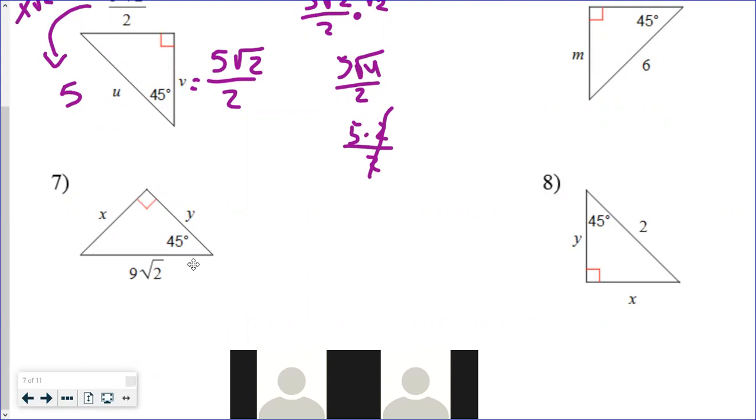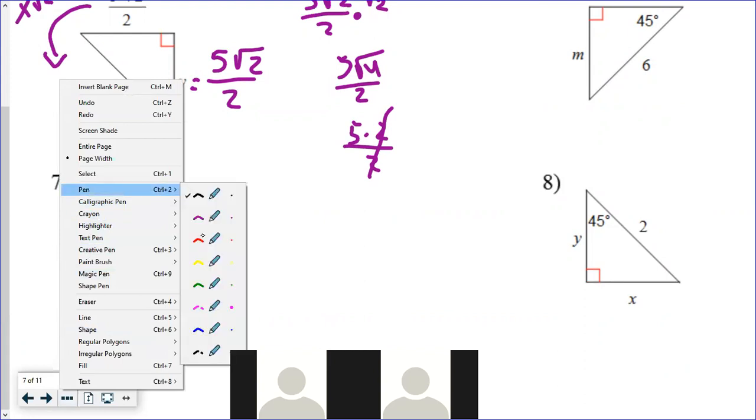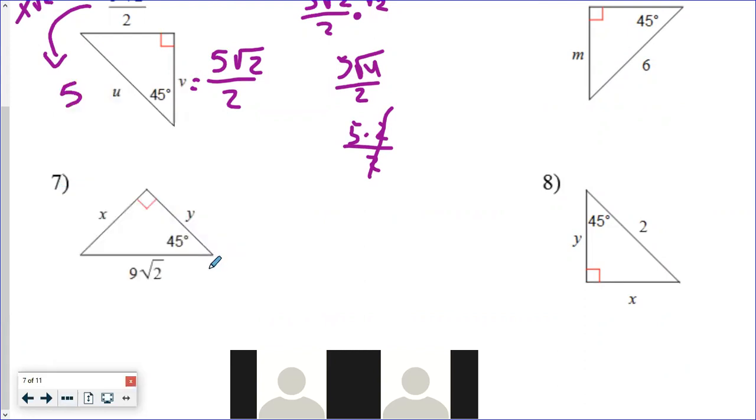So how do we work backwards? If I'm trying to get from the hypotenuse to the leg, what do we do? You divide it. I'm kind of confused, but I think you divide it. There you go. Divide it by what? Square root of 2, right? Yeah. So let's take 9 square roots of 2 and divide it by the square root of 2.